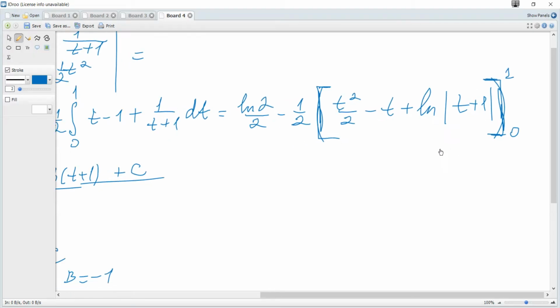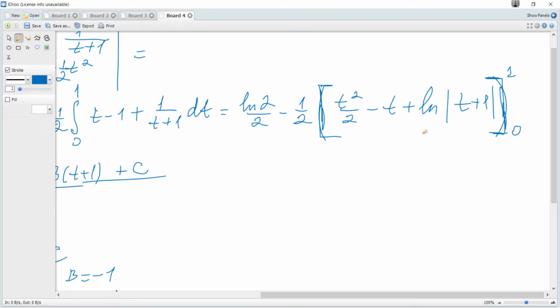And notice that in general it looks like a function of the form ax plus b. So we use the same formula as in the data booklet, but there arises 1 over a in front. A is 1 here. Otherwise, you should apply a substitution u in general.